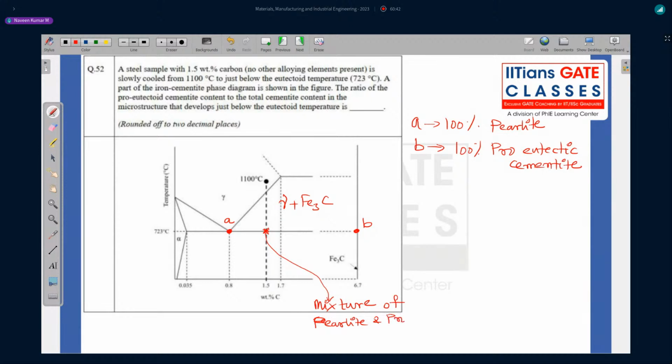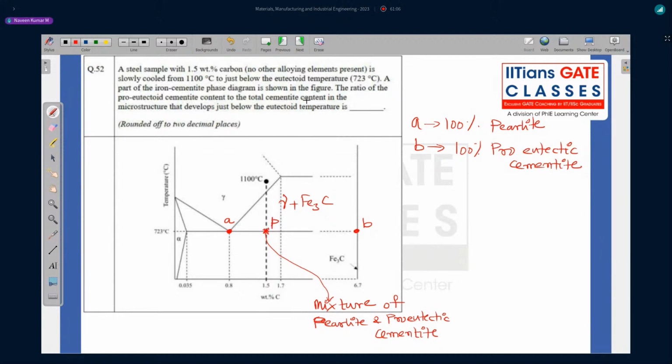Let's denote that point. It's called the fulcrum here, because we want to calculate these ratios. I'll denote the fulcrum by a small p.